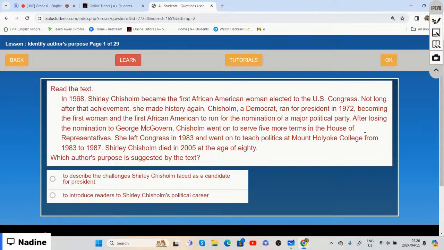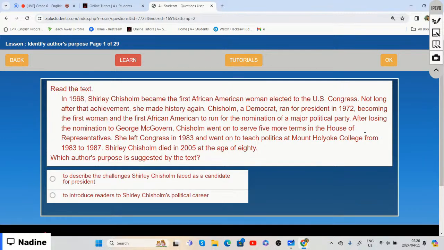After losing the nomination to George McGovern, Chisholm went on to serve 5 more terms in the House, from 1983 to 1987. Shirley died in 2005 at the age of 80.